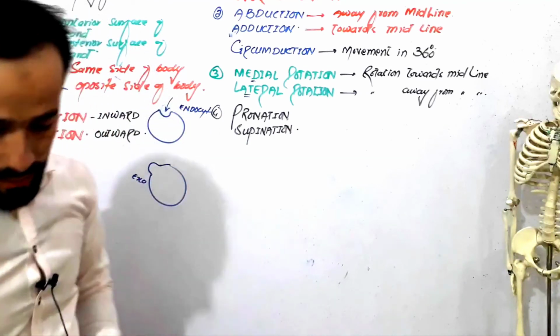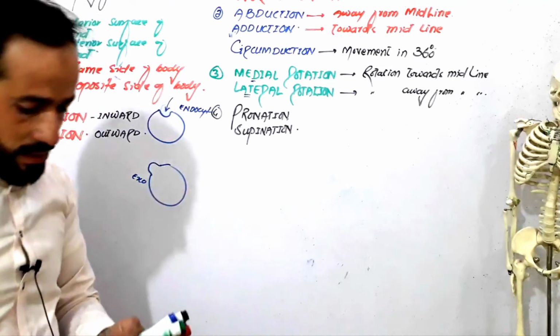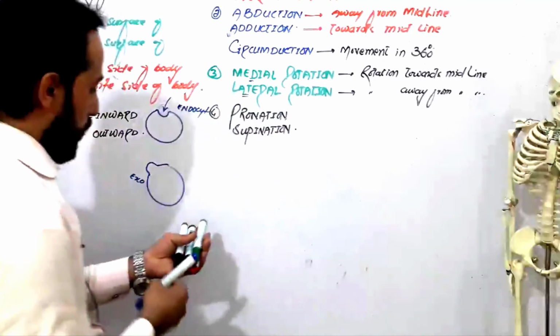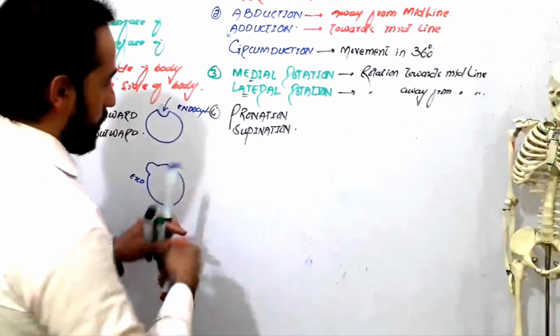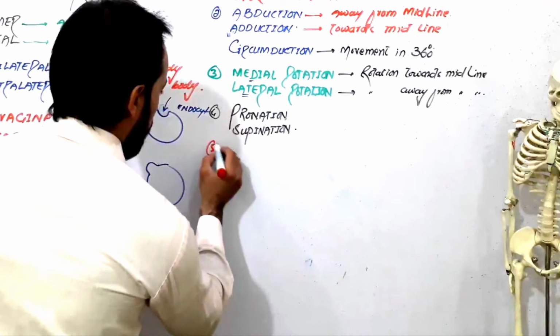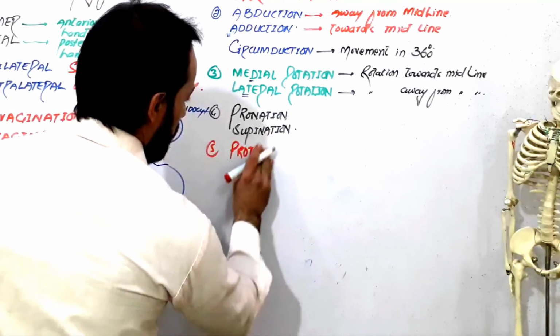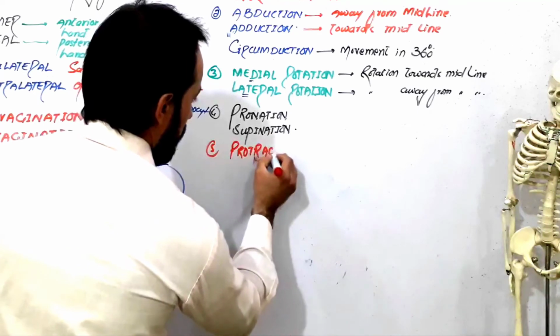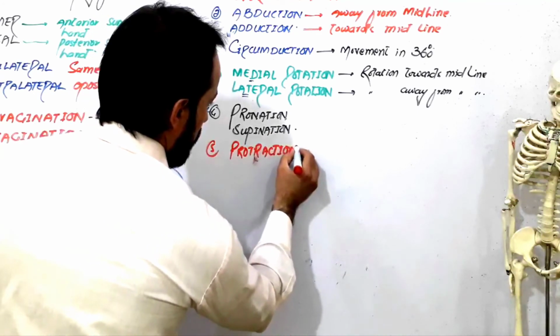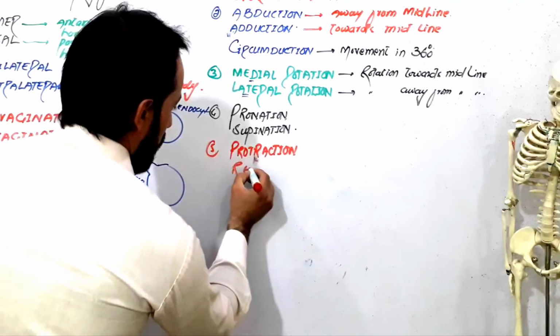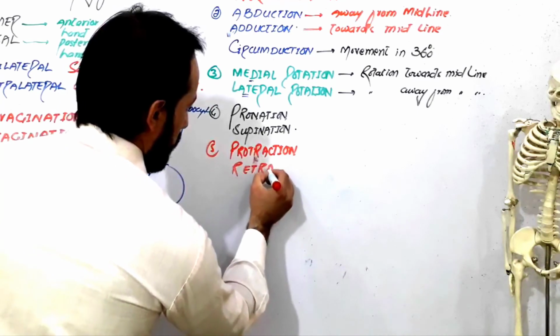Clear, friends? Done. Then there is another movement, and that is called protraction and retraction. Number 5. Protraction and retraction.